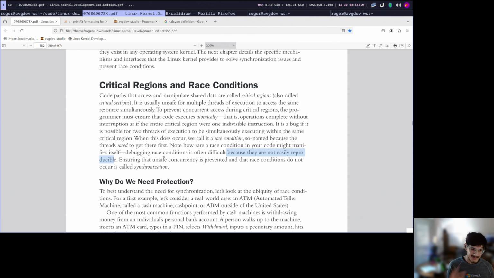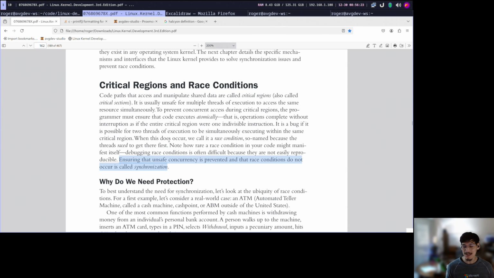So there's a reason why a lot of people don't like thinking about concurrency in terms of knowing how it works deeply, and how to program in a way that keeps yourself safe, because of these types of things. There's a notion that concurrency is very hard.